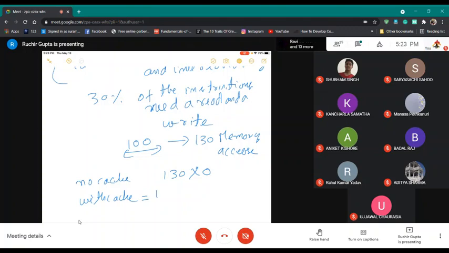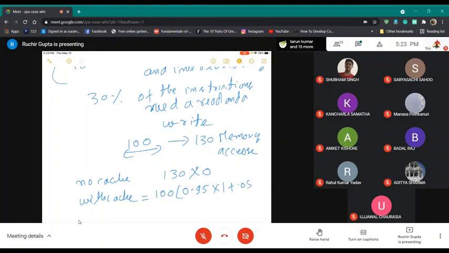So 100 multiplied by 0.95, we said for instructions it is 0.95, and for cache, assuming that one cycle will be needed, plus 0.05 multiplied by 17.